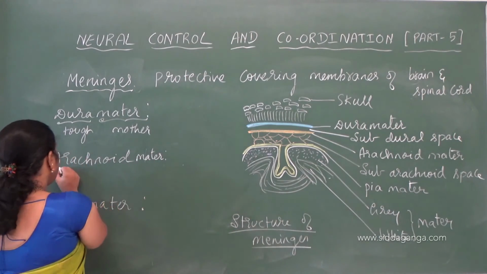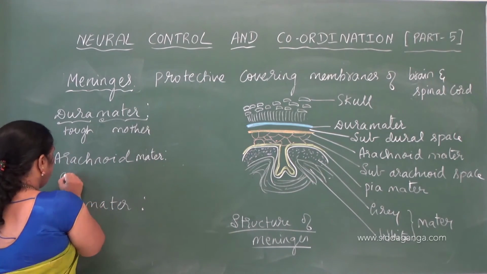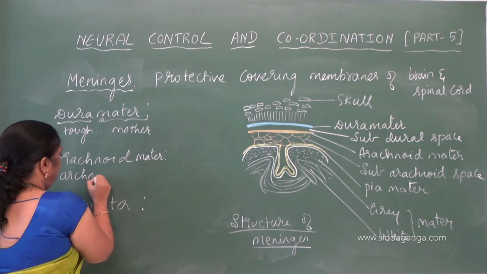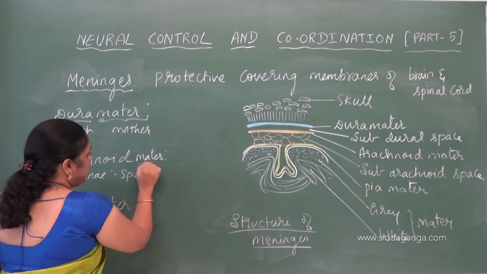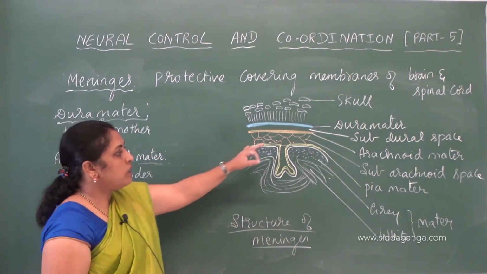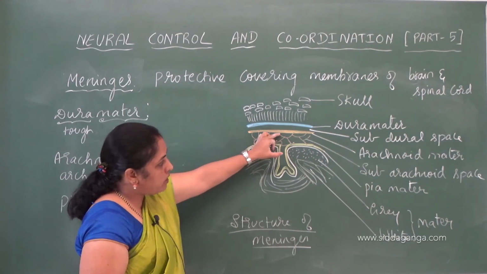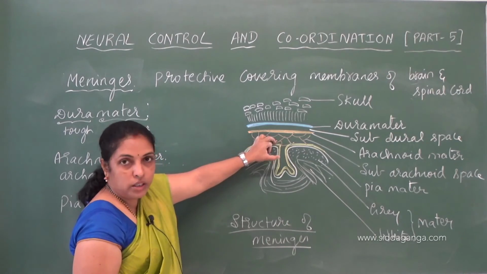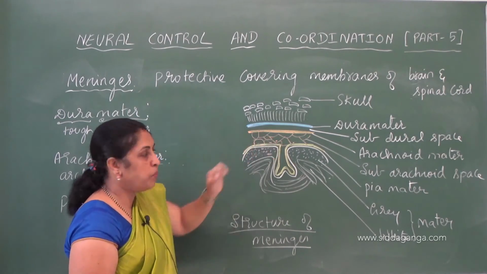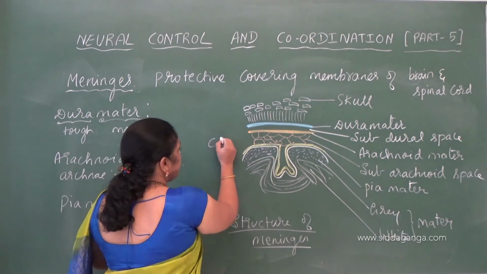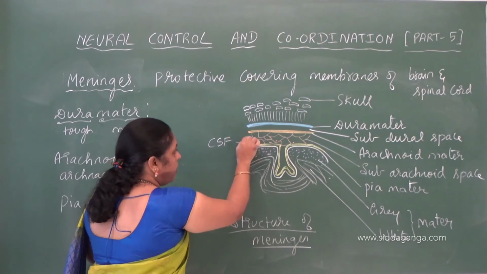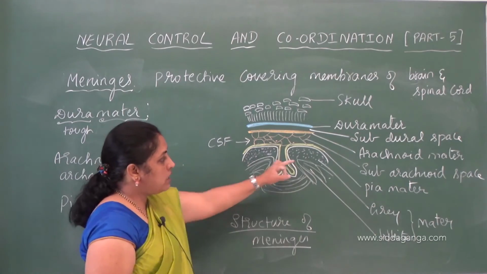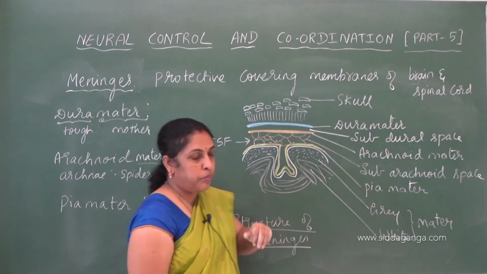Arachne means spider, and mater means mother. Below the arachnoid mater we see subarachnoid space, where cerebrospinal fluid is present.